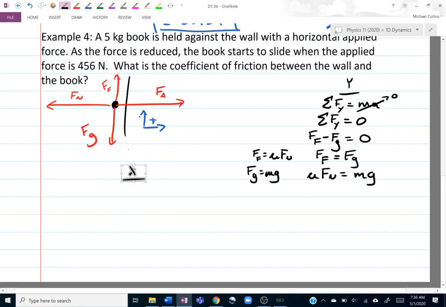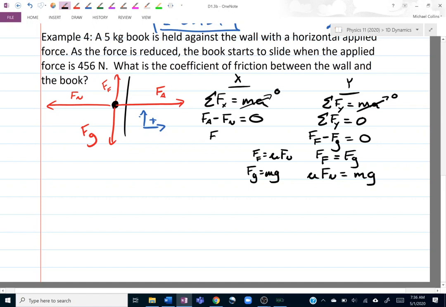I might actually move this back up there because I think I might have enough space to do what I need to do there. So I'm going to look at the sum of my forces in my x-plane is equal to ma. Again, I'm not accelerating left or right. I'm not crumpling into the wall or bouncing off the wall, so my acceleration is going to be 0. I've called right positive, so Fa is positive minus Fn, and that's going to be equal to 0.